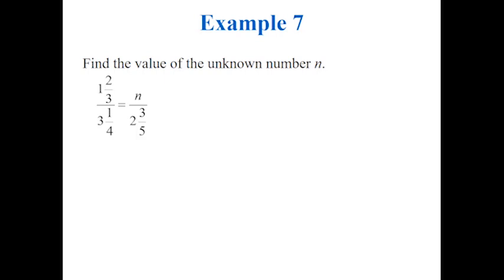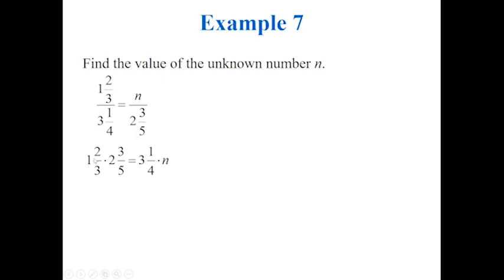Take the cross products. 1 2/3 times 2 3/5 equals 3 1/4 times n. In order to multiply with mixed numbers, we need to change everything to an improper fraction.